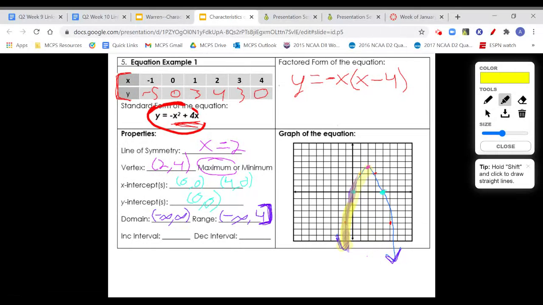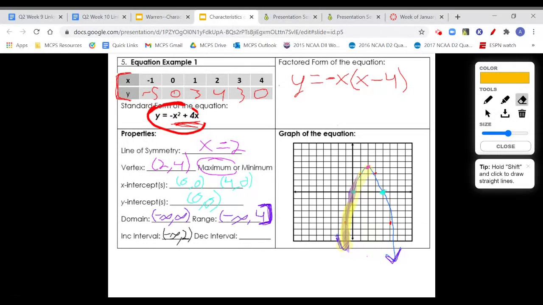So from the beginning until there, I have my increasing interval. The left of the graph is negative infinity, and I keep increasing until I get to 2. Now 2 is where my vertex is, and so that is the turning point.